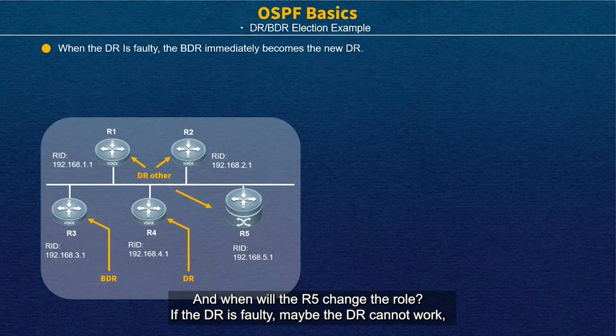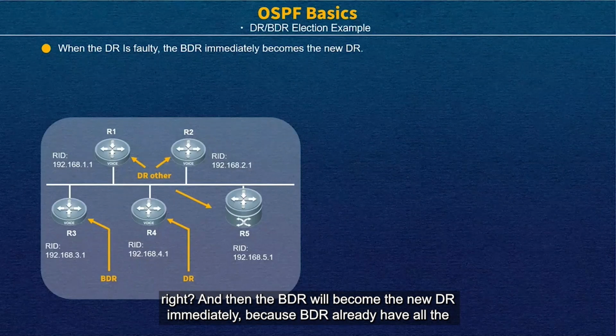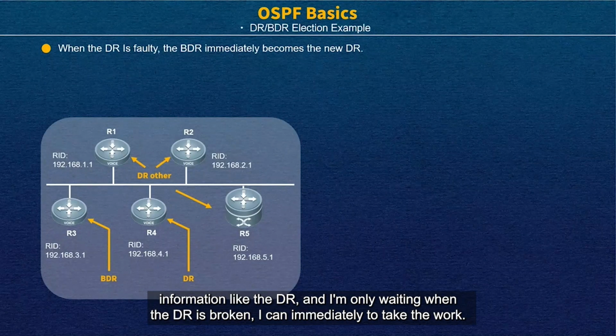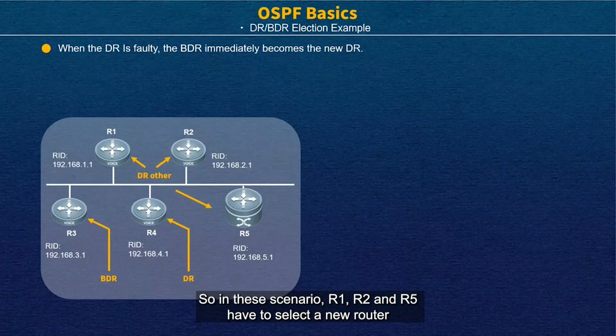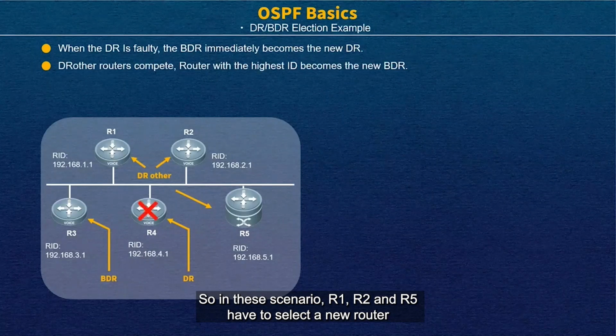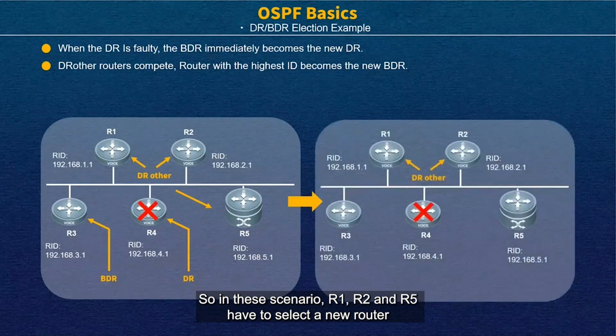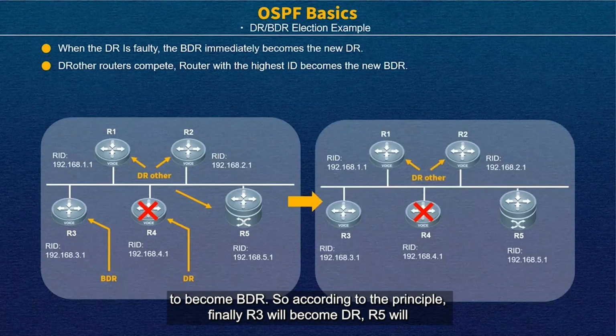And when will router 5 change the role? If the DR is broken, maybe the DR cannot work, right? And then the BDR will become the new DR immediately, because the BDR already has all the information like the DR. It is only waiting, when the DR is broken, to immediately take over the work. So in these scenarios, router 1, router 2, and router 5 have to select a new role to become BDR.